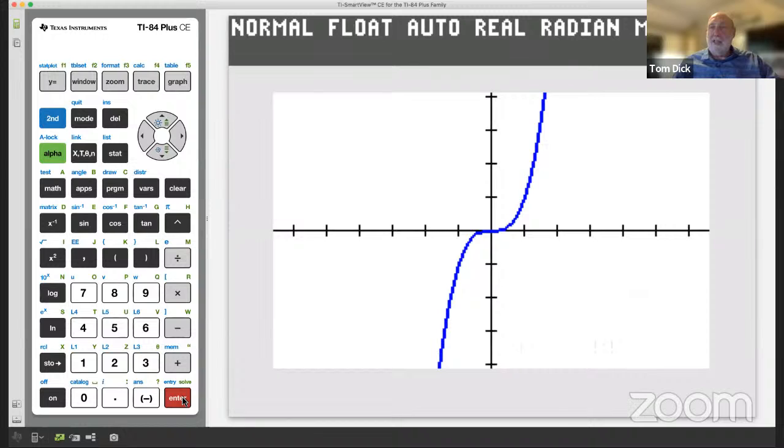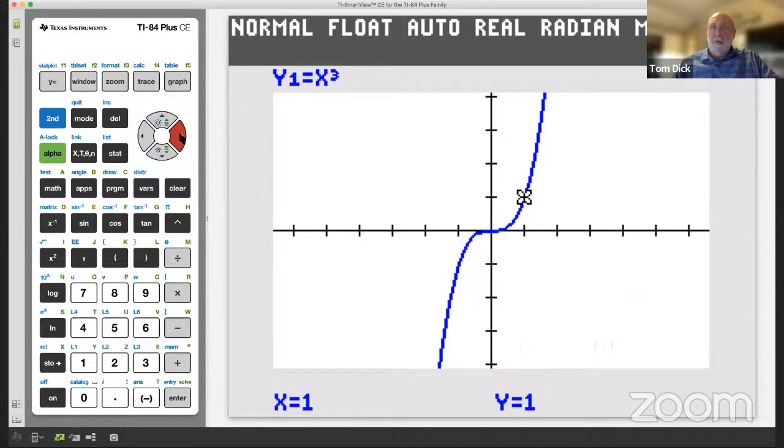That looks like x cubed. And let me just trace over to a point. Why don't I trace over to x equal 1? Okay. And the point I wanted to make here was the difference quotient.